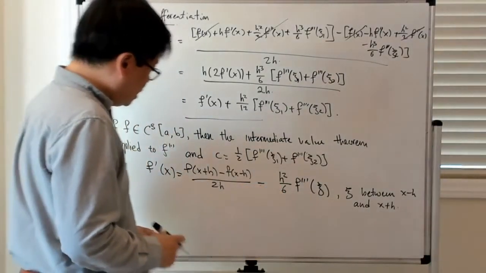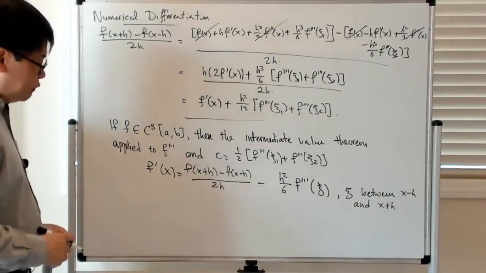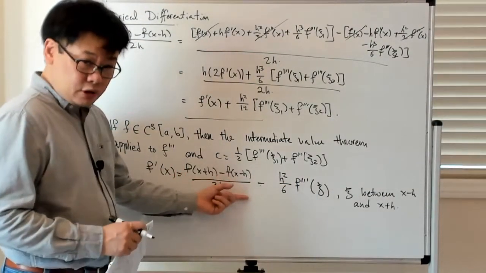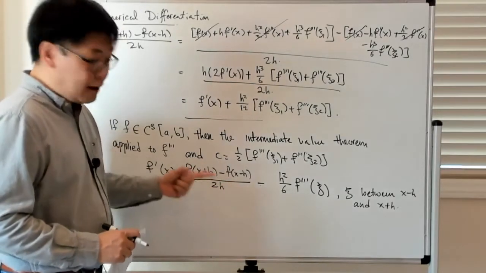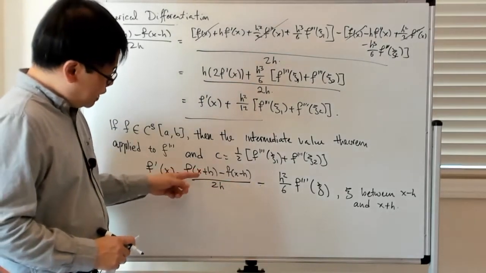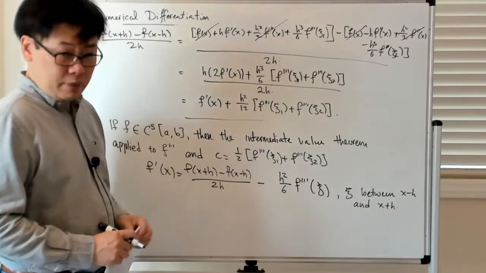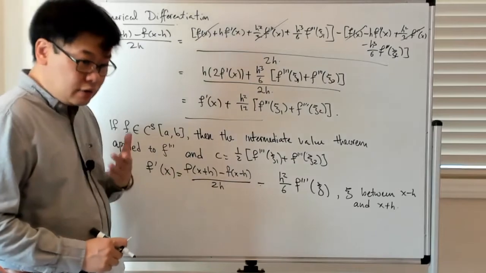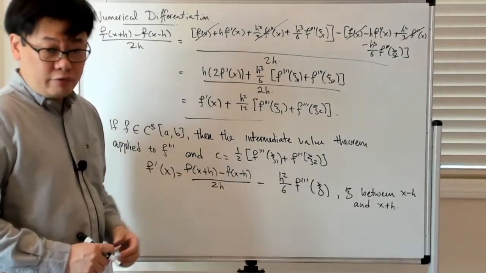But the problem is that when you evaluate this first term, the computable approximation, in finite precision arithmetic, a very small h leads you into what is called round-off error.